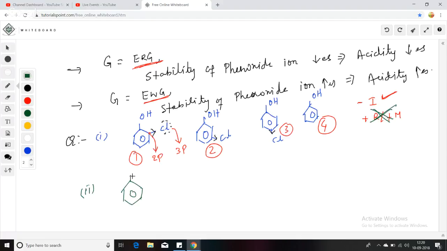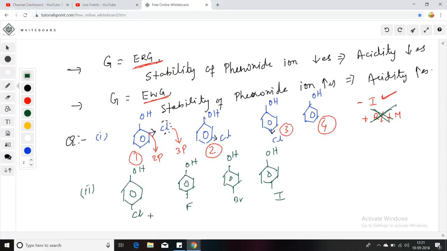We have OH here, here we have chlorine, fluorine, then we have bromine, and the last one we have iodine.